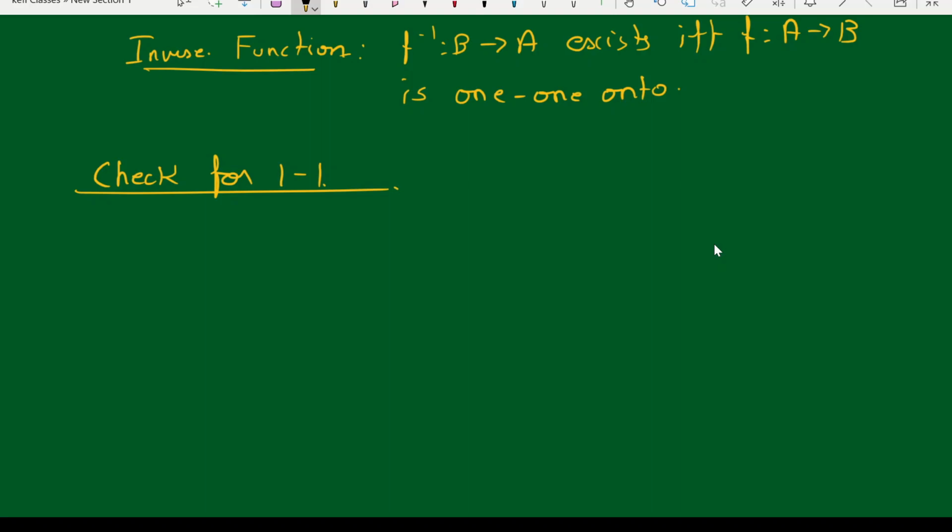So suppose f of x1 is equal to f of x2, for x1 not equal to x2.